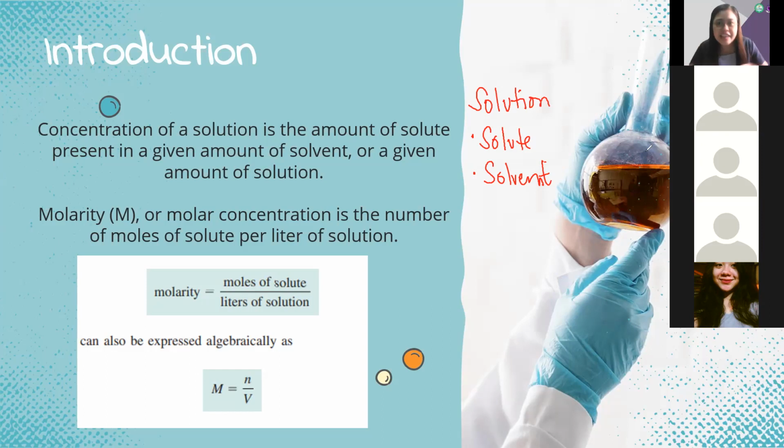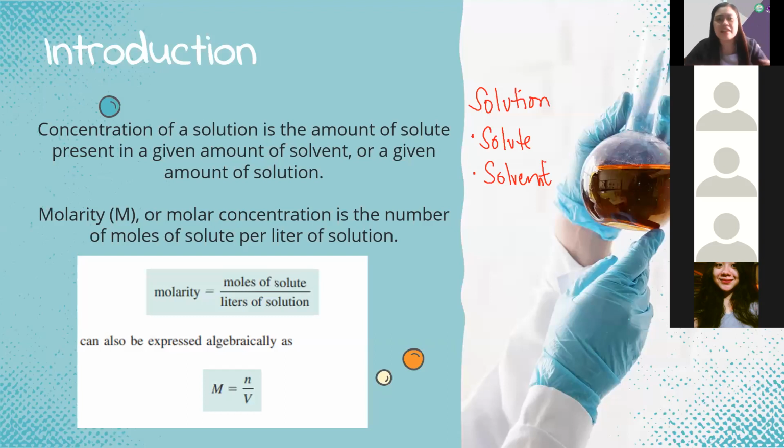Do not forget that these two are the components of our solution. Do not forget how the solution is a mixture. And to be exact, to be specific, the solution is a homogeneous mixture, meaning it will be uniform siya na yung kanyang appearance. Now, let's talk about the concentration.